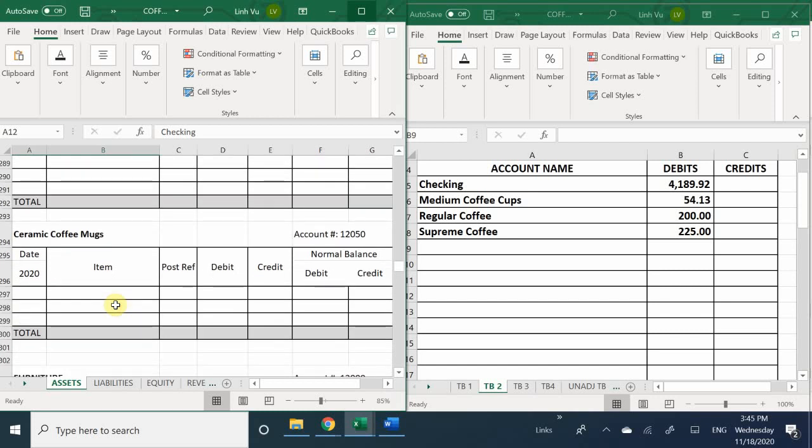All right. Did we make any purchases of ceramic coffee mugs? Yes, we did, but why is it not in this account? This is the ceramic coffee mugs, the things that I purchased from All Things Ceramic.